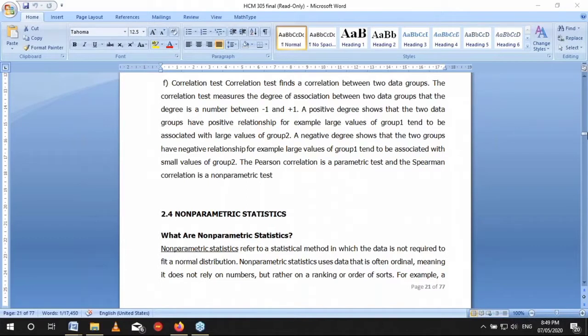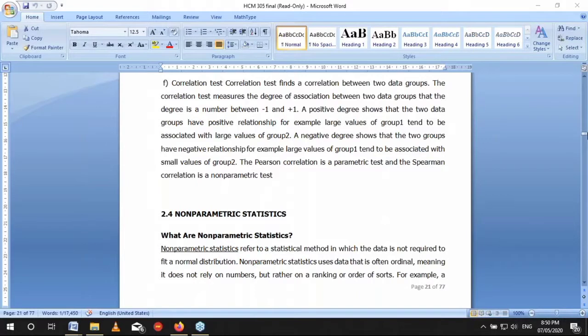Or you can even say it is the main result of a correlation. Either of the two, you are right.